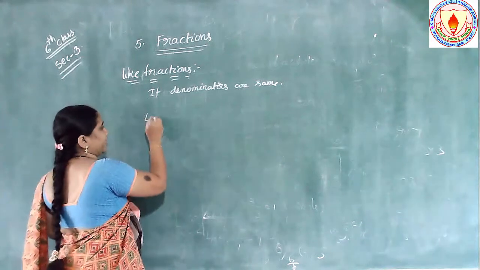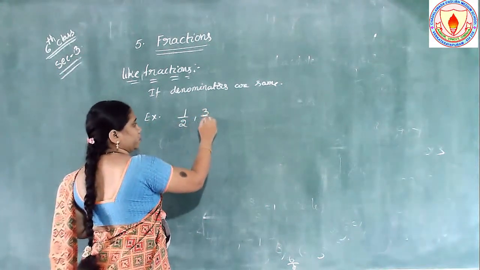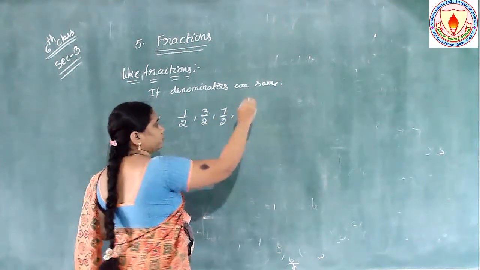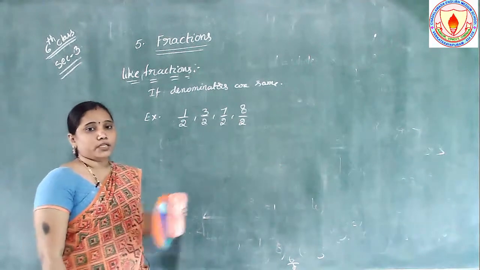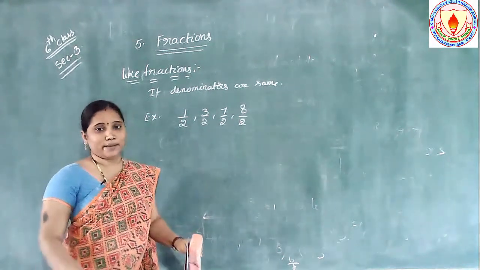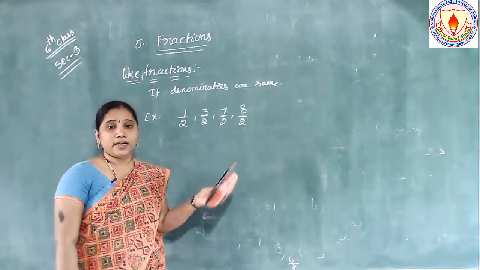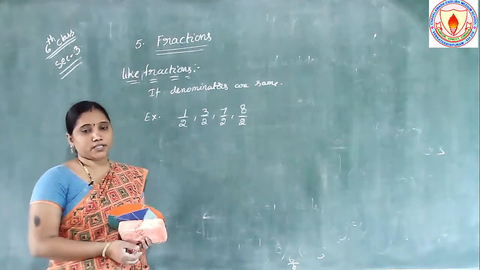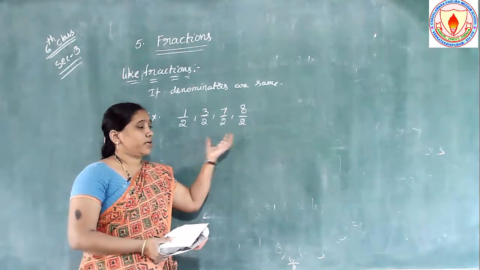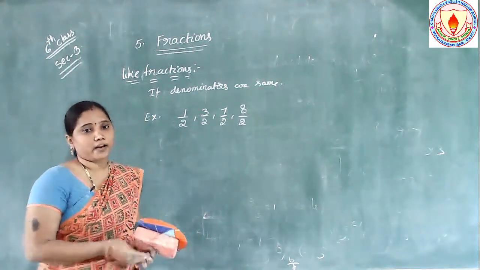Suppose I give examples: 1/2, 3/2, 7/2, 8/2. What is the common thing you observe in these fractions? All denominators are the same. Such fractions are called like fractions. If denominators are the same in all fractions, such fractions are called like fractions.